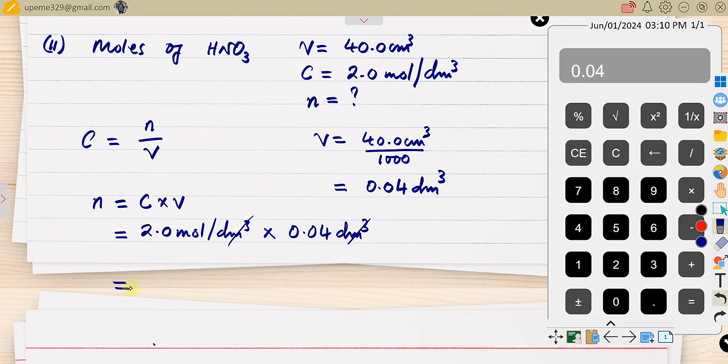So it will be 2.0 times that. So it means this one we have, it is this one times 2. So we'll just say times 2 equals 0.08 moles.